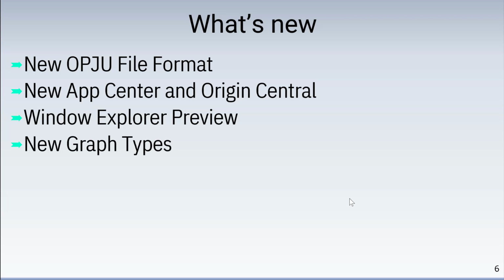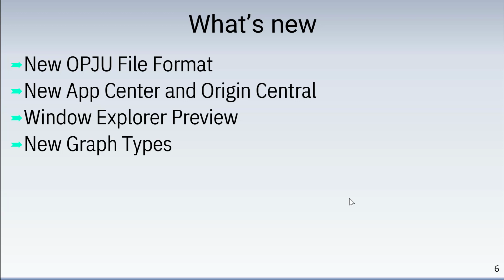So if you need to use your project in older versions of Origin, you need to save your project in OPJ file format. In this edition, App Center is improved in terms of stability and flexibility. New apps like Send Graphs to Word, ODE Solver, Time Frequency Analysis, etc. are introduced with this version.